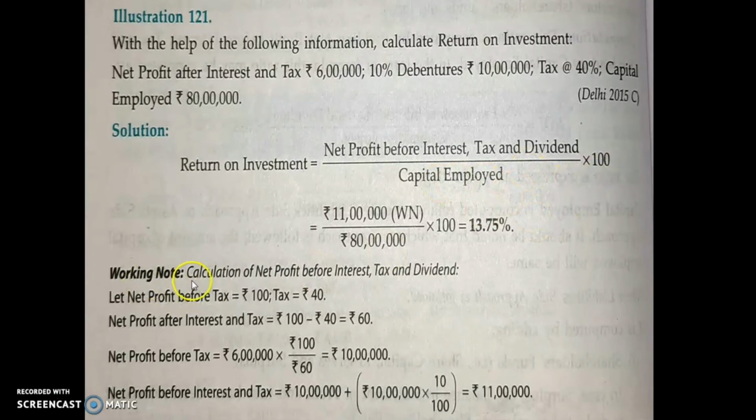Here, to calculate the net profit before tax, interest and dividend, you have to show the working note. You can see here net profit after interest and tax is given. But as per your solution, you want net profit before interest, tax and dividend. So go for a working note. Now let us assume that net profit before tax is 100 and you have been given that tax is 40%.